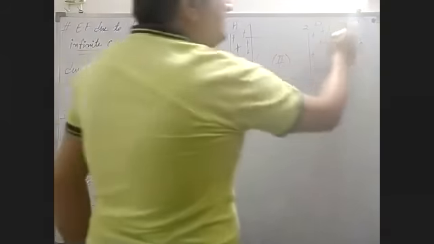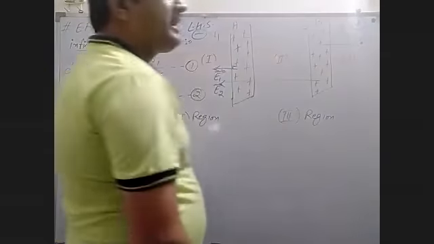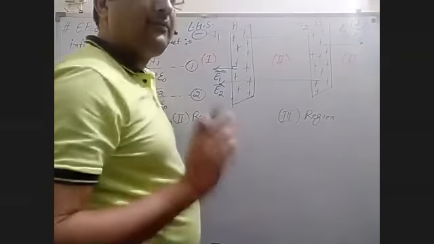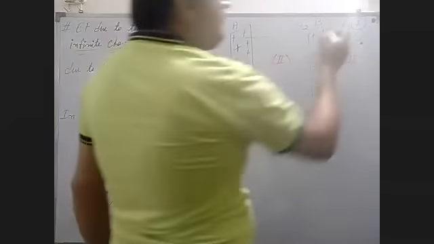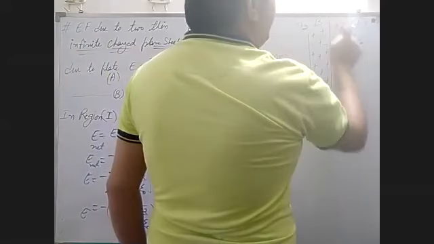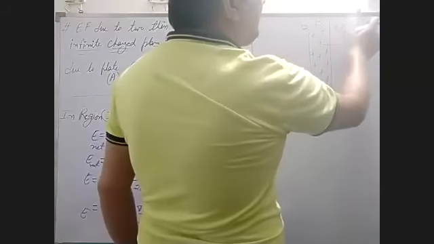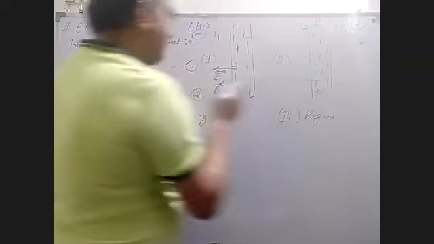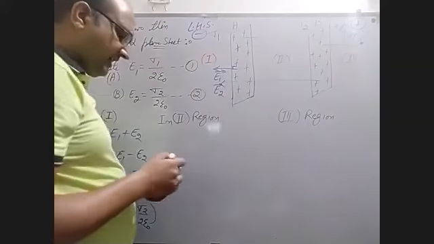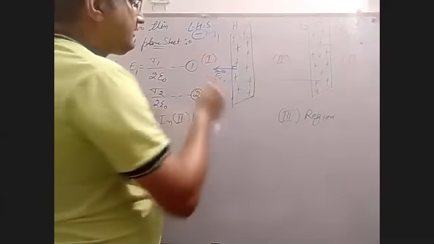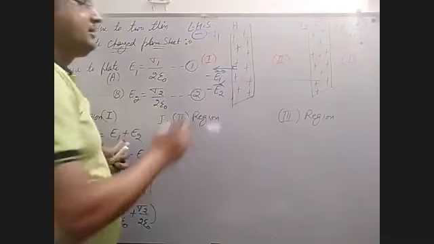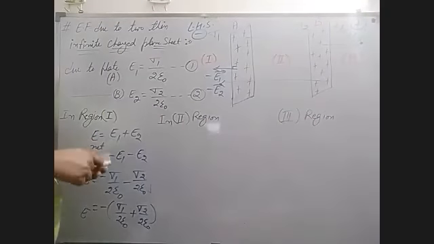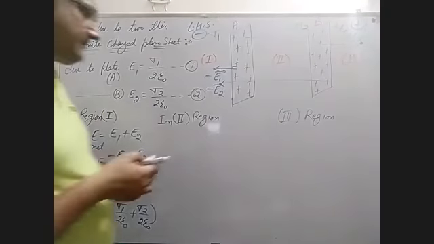So in this case also, E1 and E2 are in the same direction, and by combining them, we can get the value of net electric field. And in the right direction, we have to take all the values with positive sign. But in the earlier case, we had to take the value of electric field as negative.